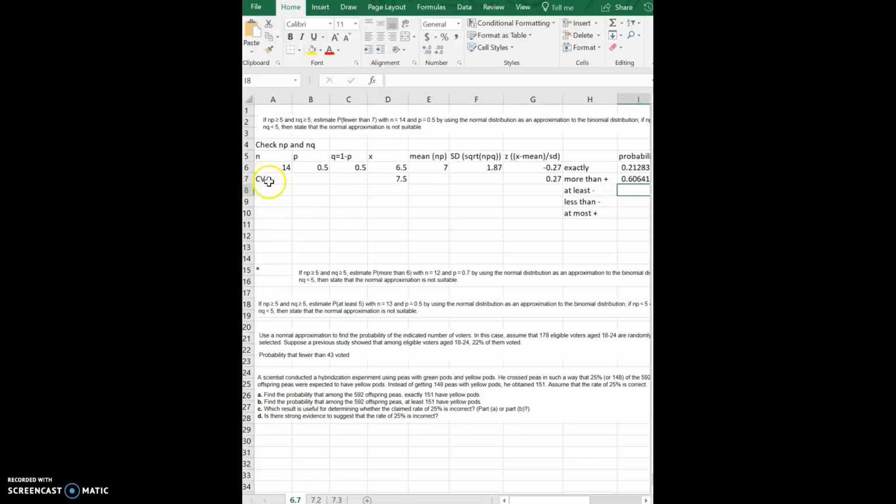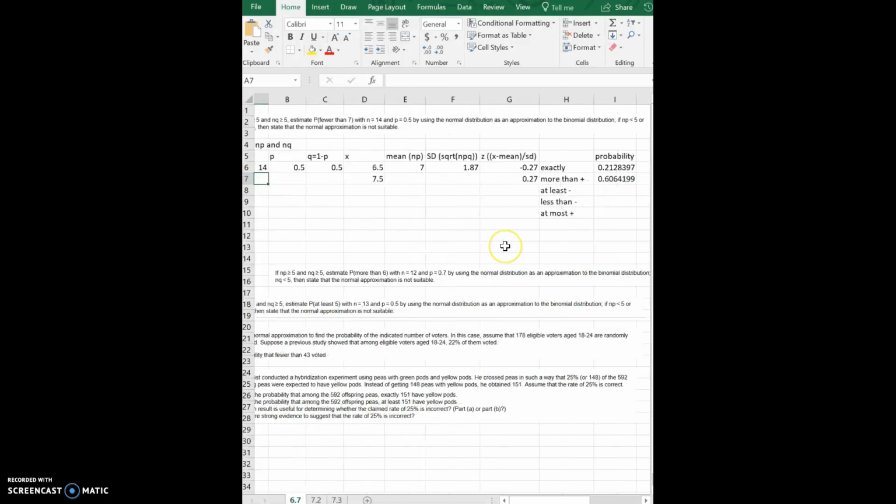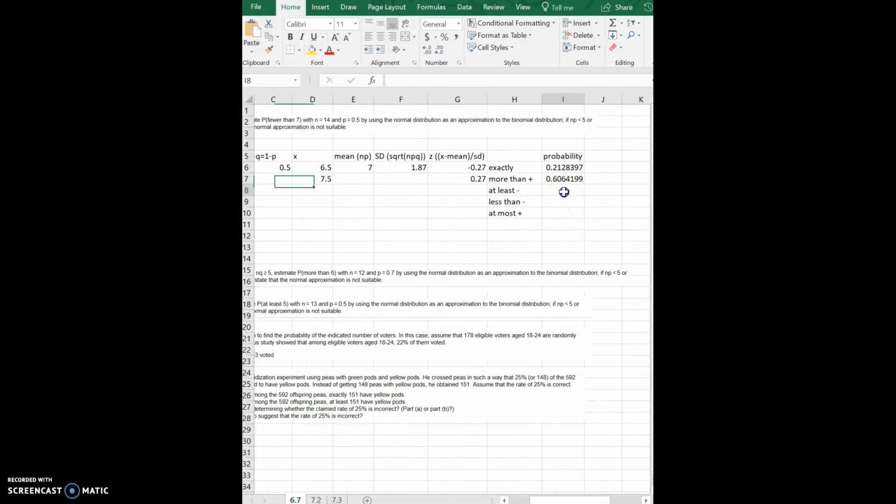And actually, this section does not include critical values, so we don't need this for this one. Alright, at least. So basically it's saying the least you can go to is blank. So you're still calculating something to the right, so we still need to do 1 minus. So 1 minus norm.s.dist, and do this, comma 1.